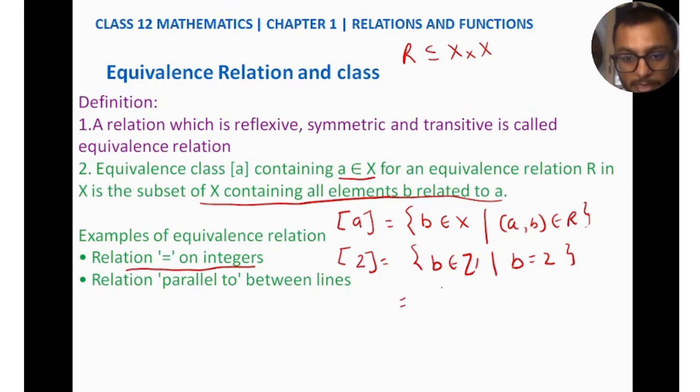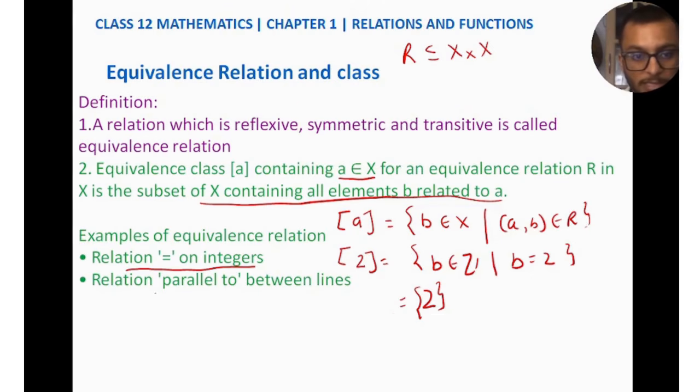So how many elements will be equal to 2? Only one, which is the singleton 2. So the equivalence class of 2 will contain only one element, 2. Note that we can talk about a class when it is an equivalence relation. That is, we always talk about equivalence classes, not only a general class.